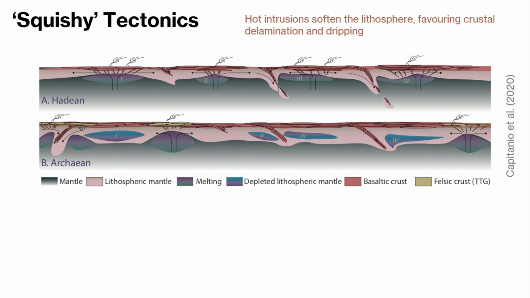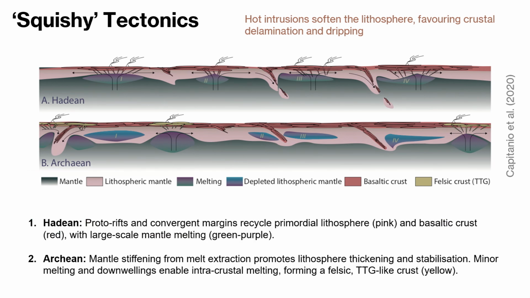But there's this nice one called squishy tectonics, whereby we have this situation here where we have what would be described as proto-rifts, so very early stage rifts of the Earth where the crust is possibly moving apart.